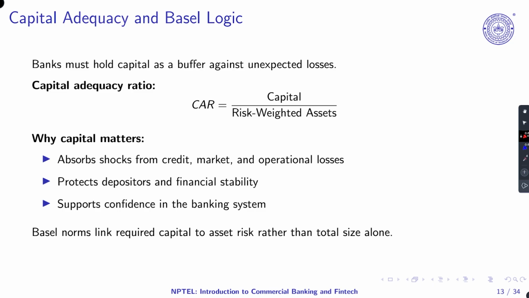We also saw the logic behind why capital adequacy is so important, because it directly deals with how much cushioning a bank has. It means how much it has of common equity tier 1, additional tier 1, and tier 2. These are the important dimensions that we look at, to absorb shocks from credit, market, and operational losses.